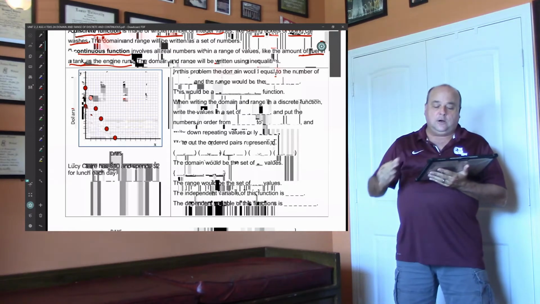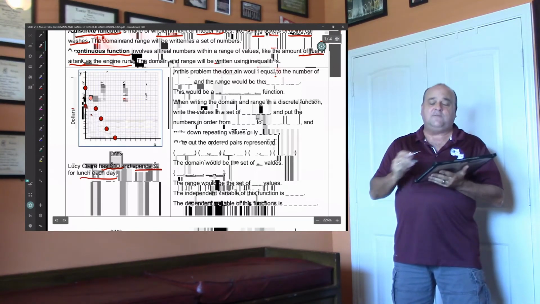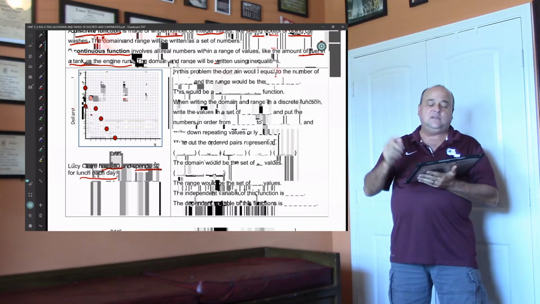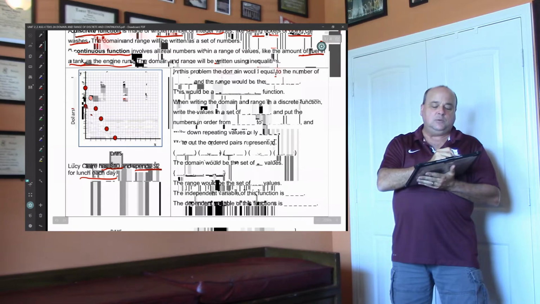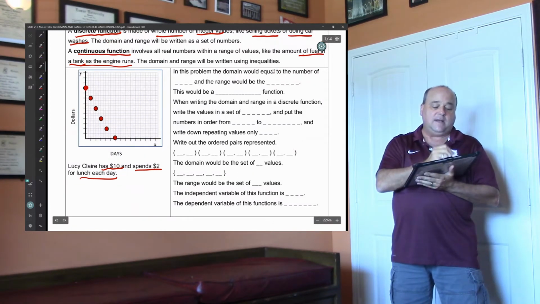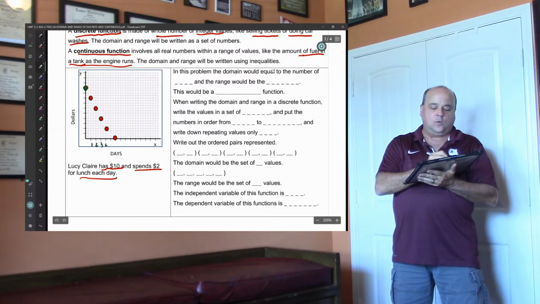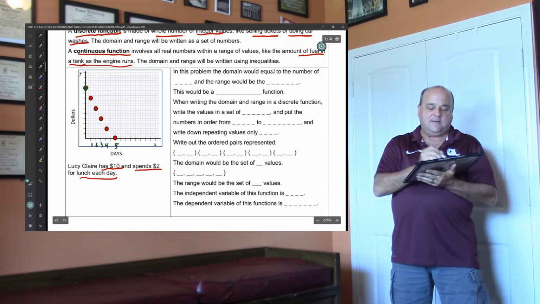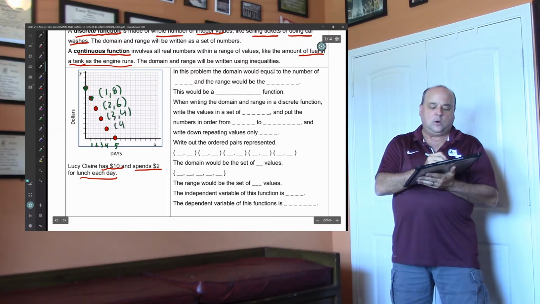But on this one right here, Lucy Claire has $10 and spends $2 each day for lunch. Notice I've made this up. I graphed it for you. At 0 days, she would have $10, wouldn't she? At 1 day, she would have $8, so this would be 1, 8, and then 2, 6, and then 3, 4, and then 4, 2.